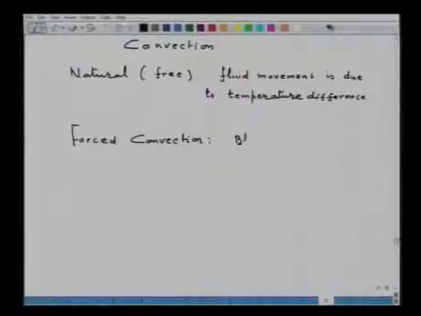So, for example, blowers, pumps, fans, all of them induce the fluid to move, and as a result, the transfer of heat occurs.